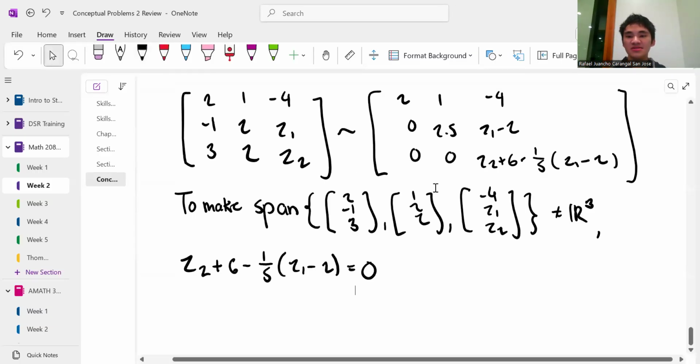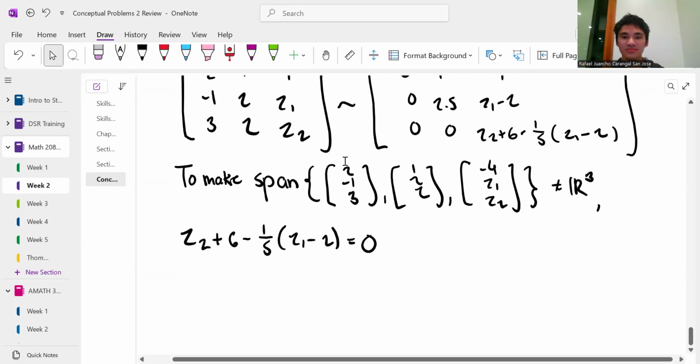If we make that 0, then we have no pivot in the third row. And so it's not going to span R3.